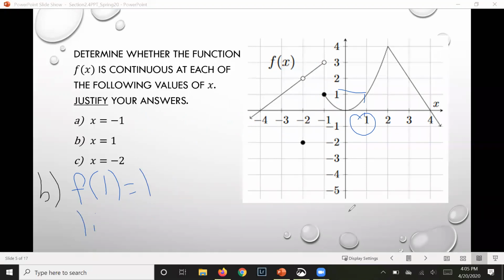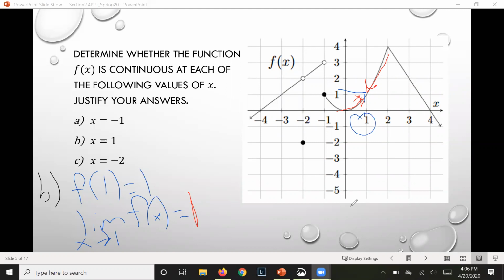Does the limit as x approaches 1 of f of x exist? Well, coming from the left-hand side, it looks like we're getting closer and closer to an output of 1. Coming from the right-hand side, it looks like we're also getting closer and closer to an output of 1. So it does look like the limit exists there and is equal to 1.